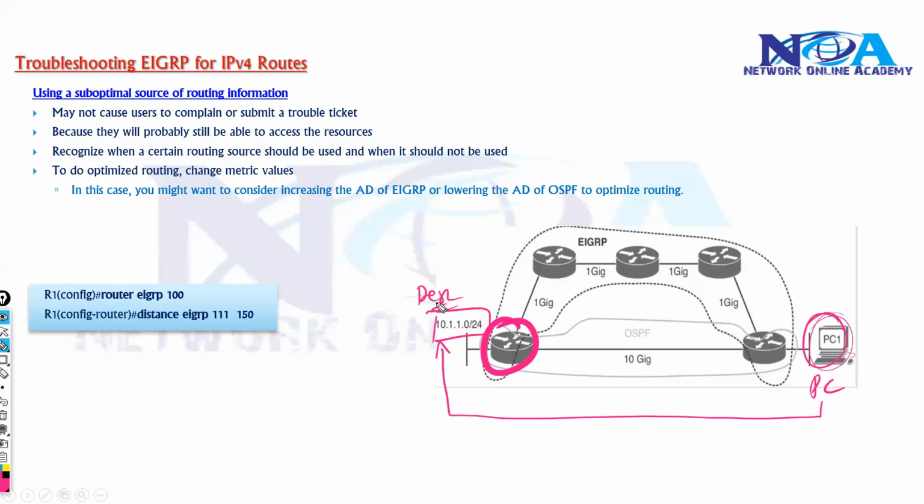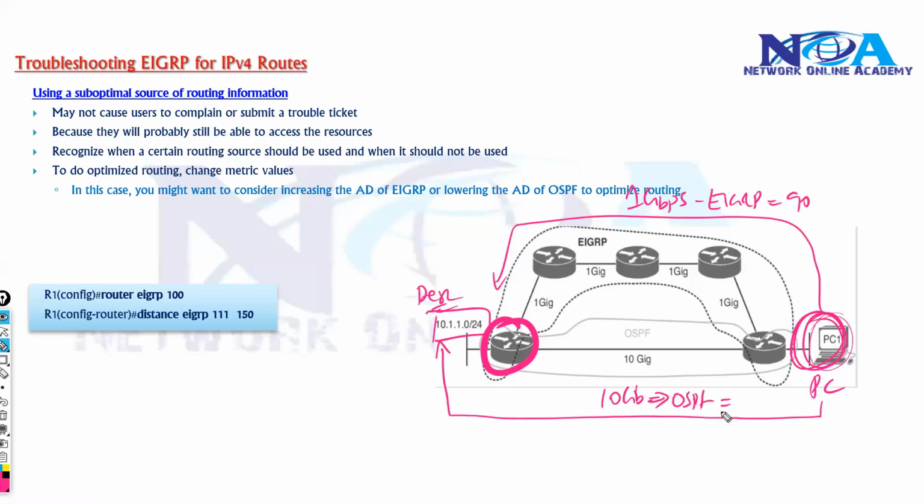There are multiple routes. This is one route, most likely a 1 gig path, and it is used by EIGRP. Let's assume the EIGRP AD value is 90 because maybe it is internal EIGRP. And there is another route from this side, which is a 10 gig link, and this 10 gig link is running OSPF.